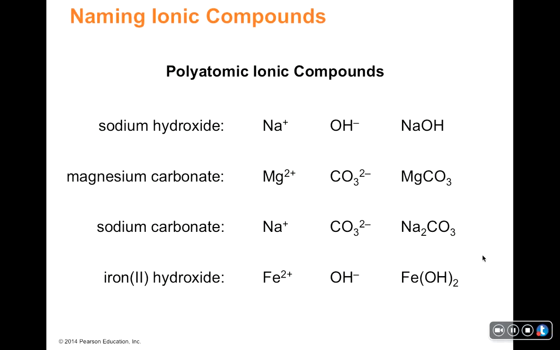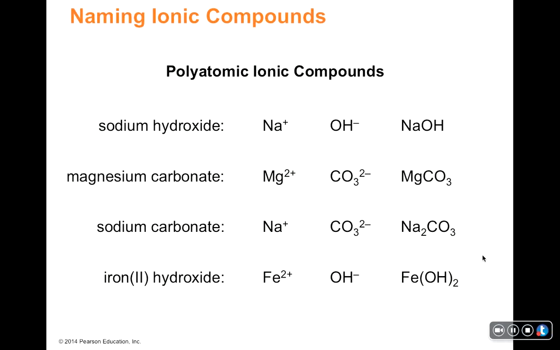You could swap the charges, in which case you'd end up with Mg2 and then CO3 in parentheses with a 2 outside of that. Then you would realize you could reduce by dividing by 2 and end up with what you see there, MgCO3. That's the simplest ratio between those two ions. So that is the correct formula as written. The +2 charge on magnesium cancels out the -2 charge on the carbonate, leaves you with a 0 net charge.